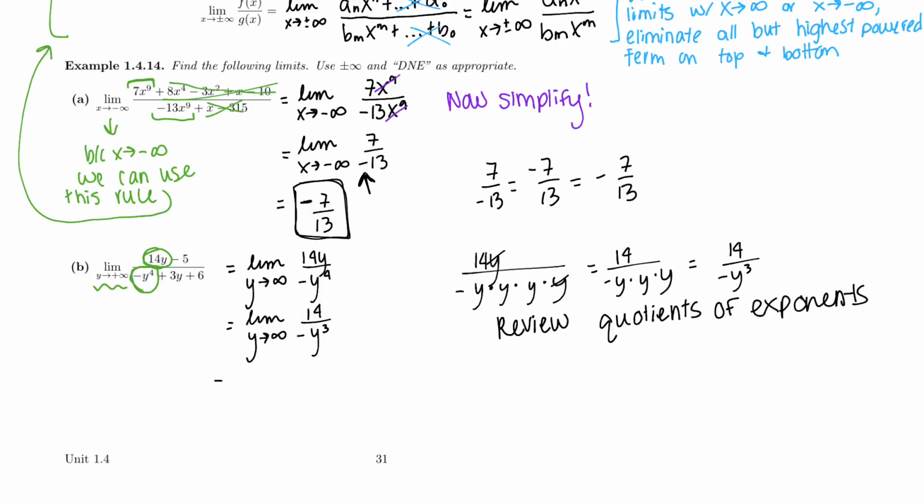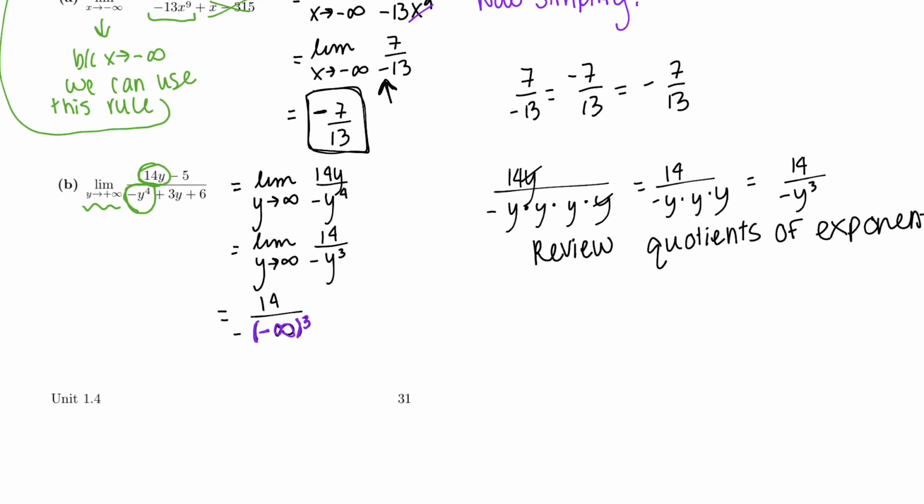So I can plug in infinity. So I have 14 over negative infinity cubed. I'm going to start just with this negative infinity cubed part. If you take negative infinity and you cube it, it's going to remain negative and also infinity.